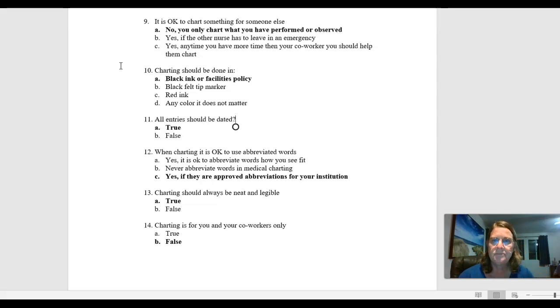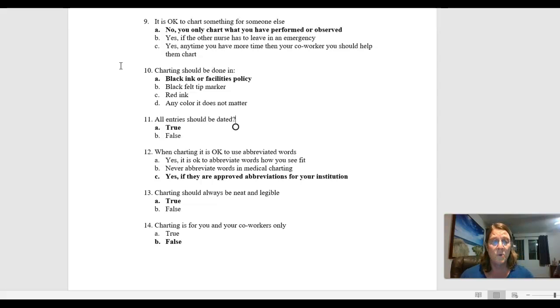Yes, they should. When charting, is it okay to use abbreviated words? That is a yes, so long as they are approved abbreviations for your institution. So again, you cannot be making up your own abbreviations. All of the texting abbreviations that you're used to using don't work for nursing. Nursing has its own abbreviations.